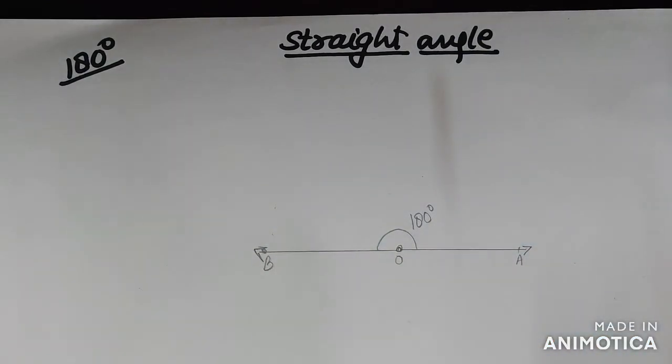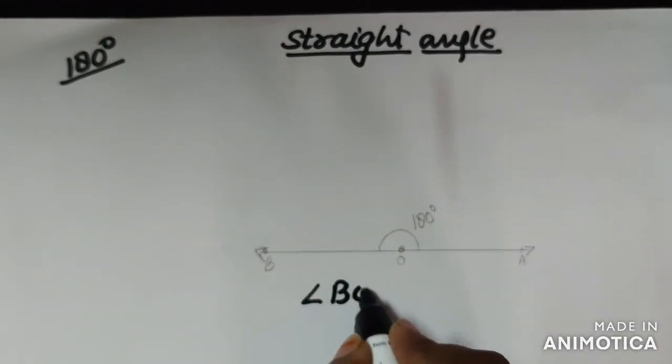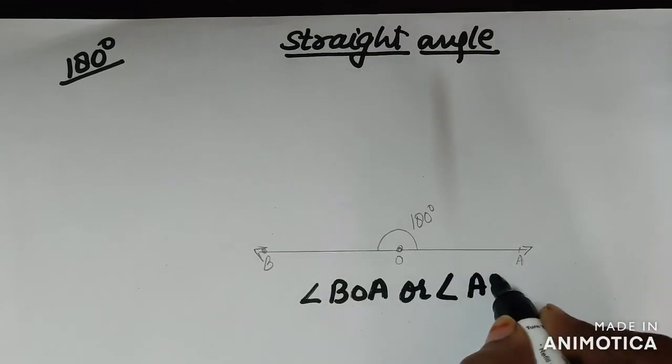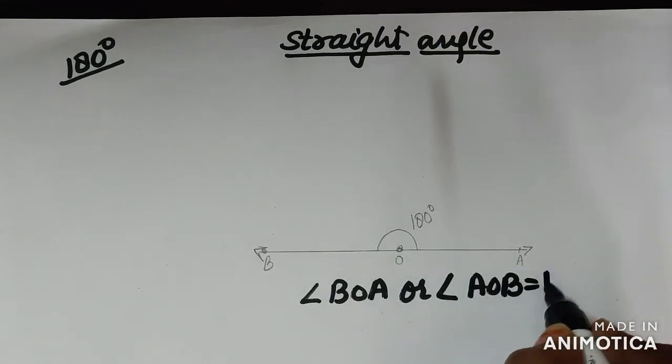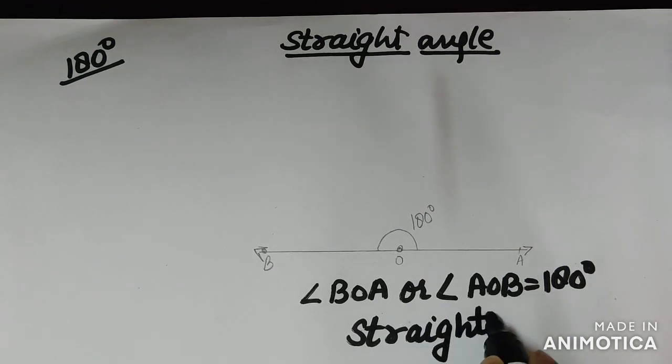On the vertex, the angle will be formed. Now you will write down angle BOA or angle AOB is equal to 180 degree, or you can say straight angle. So children, I hope now you can draw or construct the different angles.